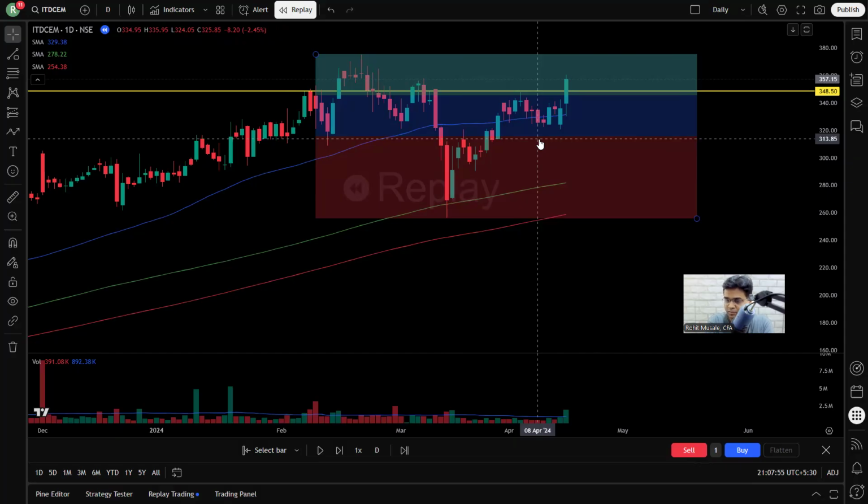I just remember them off the top of my head. IRFC, BHEL, Tata Investment, Cochin Shipyard, GRSC. The whole shipping rally came in the middle of 2024. But even they did not show green zone closings. And those stocks shot up like 100% in a month. GRSC shot up 100% in less than a month, right? So, not every time do you need a green zone closing.